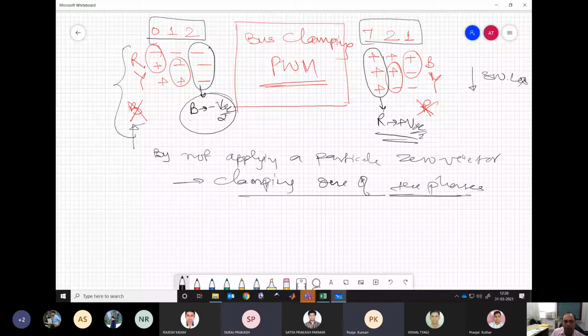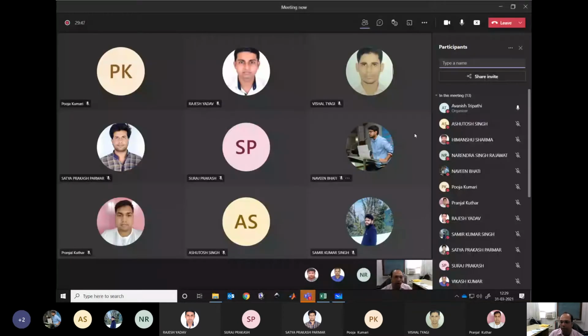So what was the purpose of bus clamping PWM? Why were we having bus clamping PWM? What was the purpose? Suggest any answers.